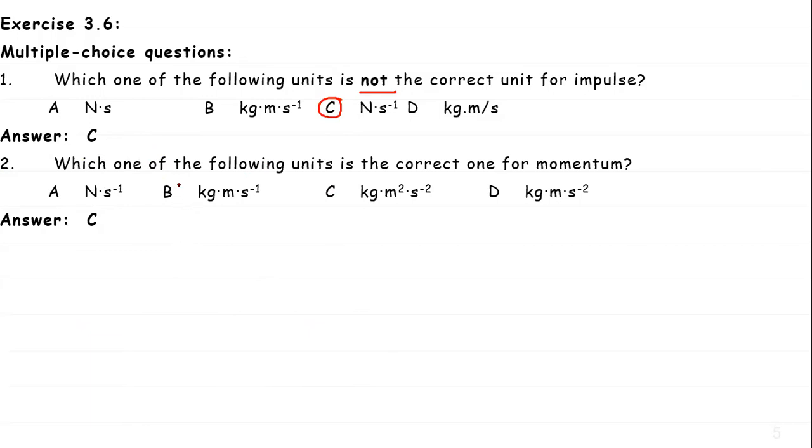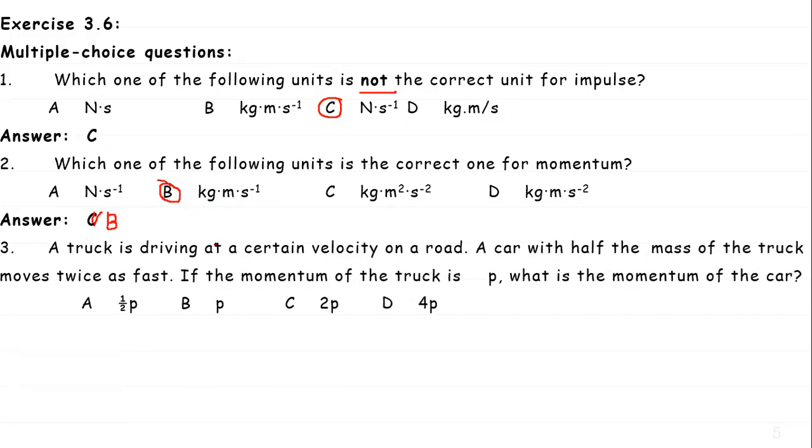So the unit for momentum which is correct, it's actually that one, which is B, right? I just put it incorrectly there for you. The correct answer there must be B, because we know momentum is measured in kilograms dot meter per second, right?